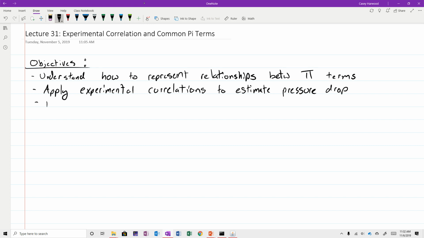And we're going to loop back to, we started on this in the last lecture, discussing these common recurring pi terms that show up in fluid mechanics.